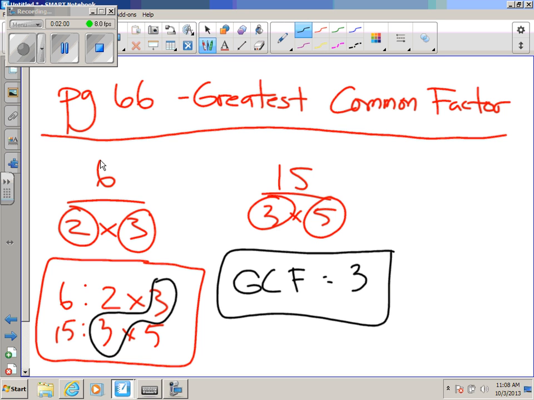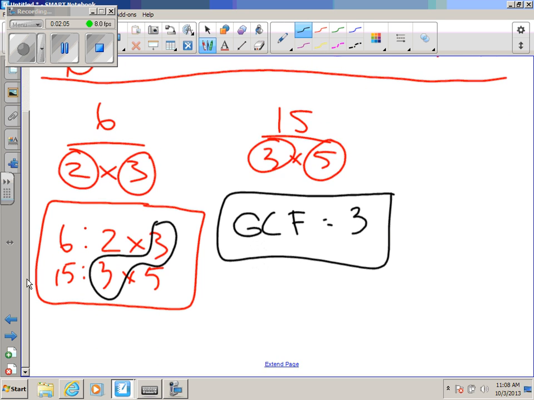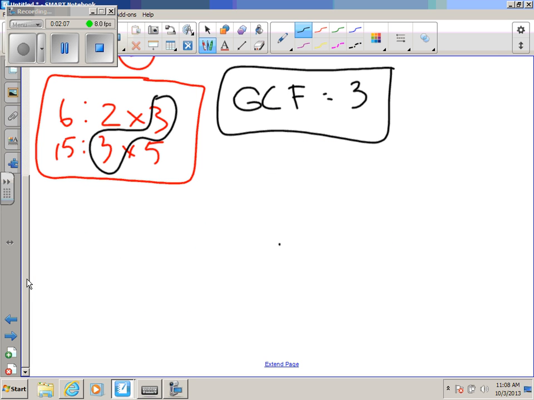Now the old-fashioned way, which, I'm so old, this is how they used to do it. This is what I remember doing. We'd have 6, we'd have 15, and we would list all the factors for each. So we would say 1 times 6, 2 times 3, anything else I can use to get 6?